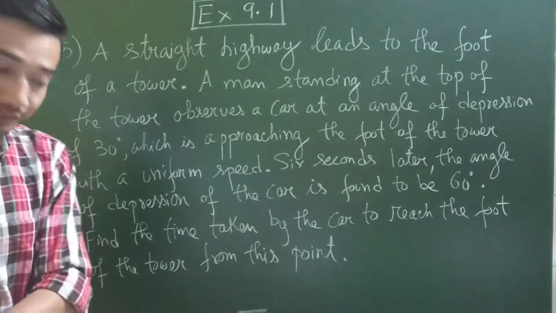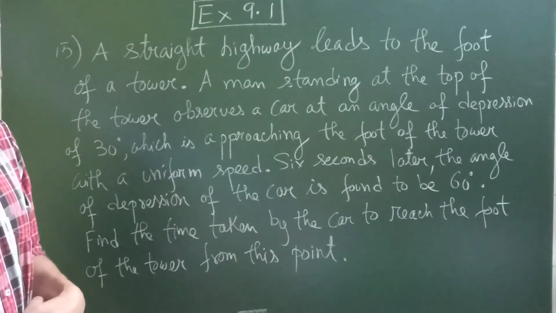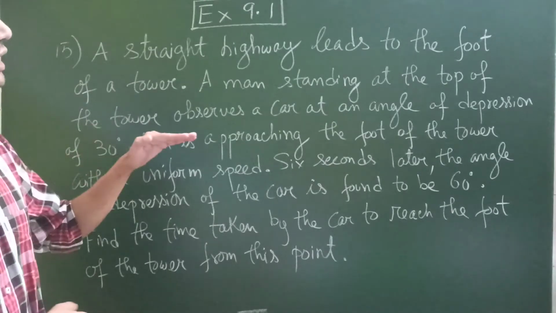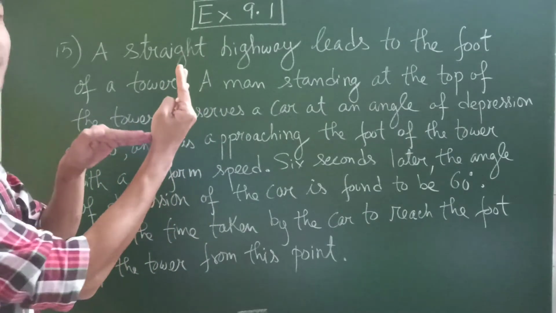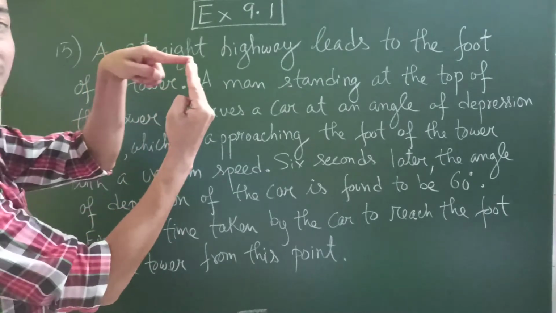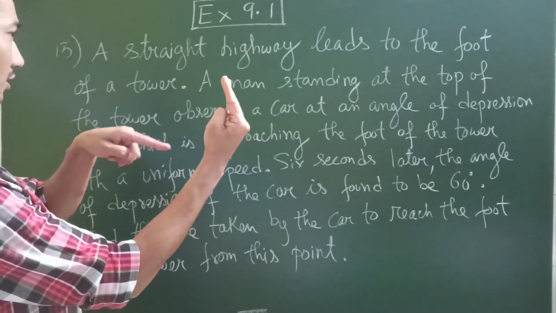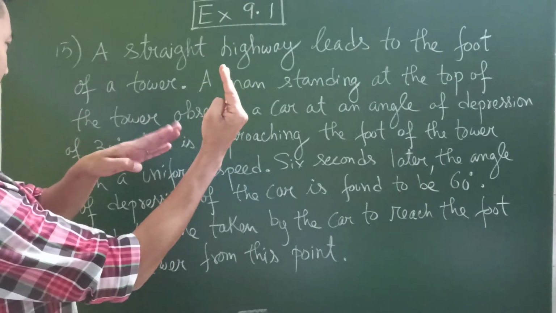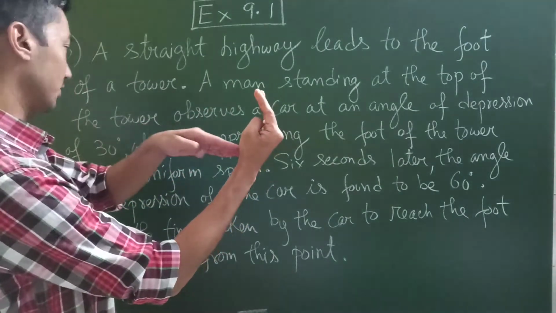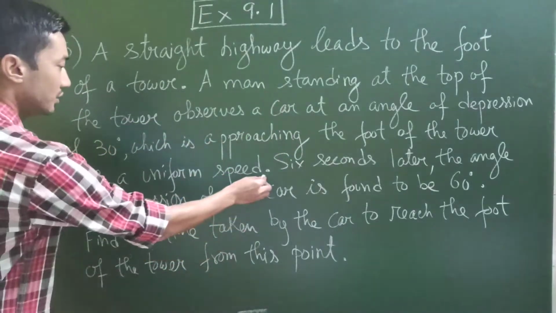Exercise 9.1. A straight highway leads to the foot of a tower. A man standing at the top of the tower observes a car at an angle of depression of 30 degrees, which is approaching the foot of the tower. That means the car is moving towards the foot of the tower at a uniform speed.